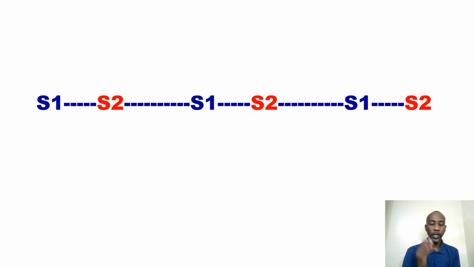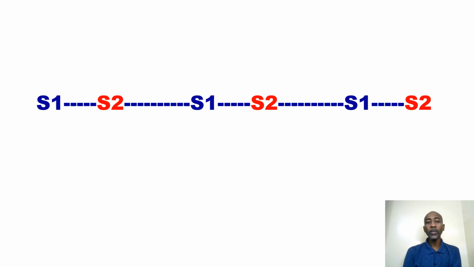S2 denotes the end of the systole and the beginning of the diastole. So the period of silence between S1 and S2, that's what we call systole, and between S2 and S1, that's what we know as diastole. S1, S2, systole finished. S2, S1, diastole has now begun and finished.